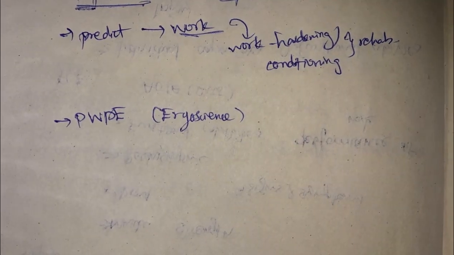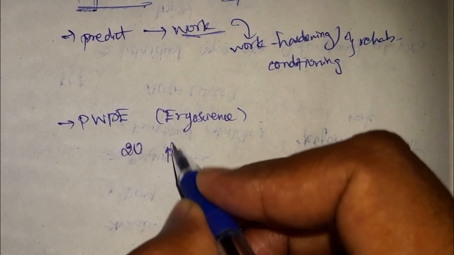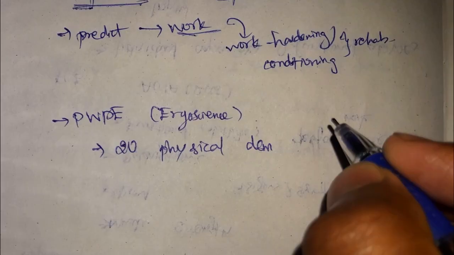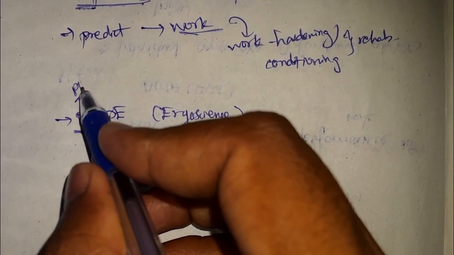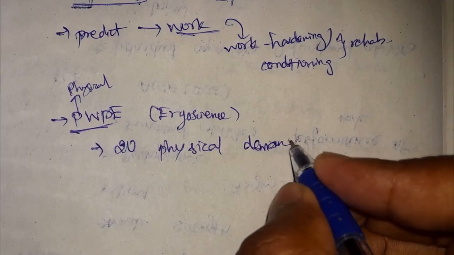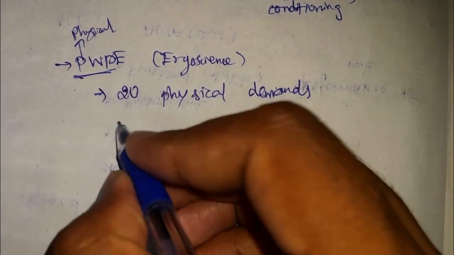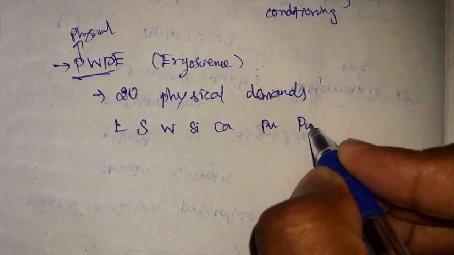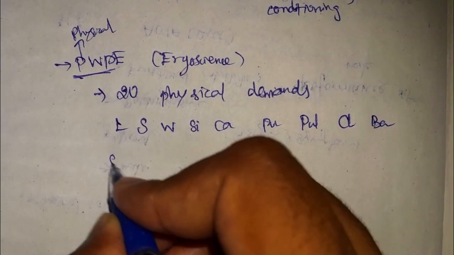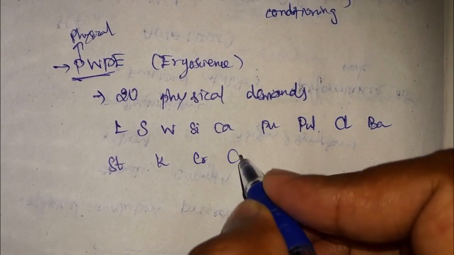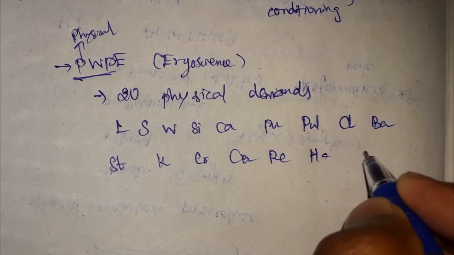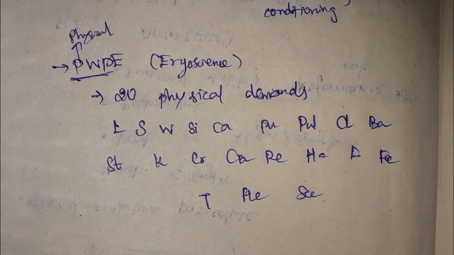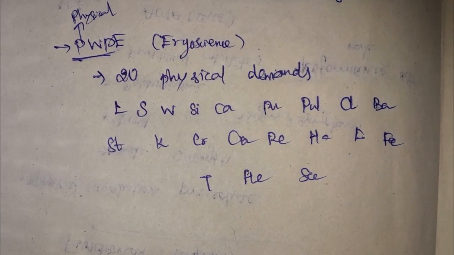It is going to test 20 physical demands: lifting, standing, walking, sitting, carrying, pushing, pulling, climbing, balancing, stooping, kneeling, crouching, crawling, reaching, handling, fingering, feeling, talking, hearing, seeing. These are the 20 physical demands.